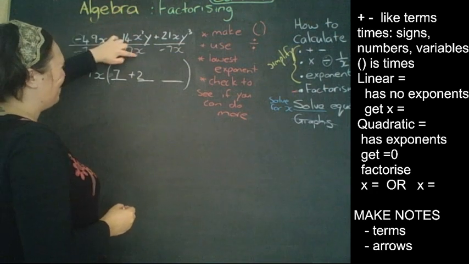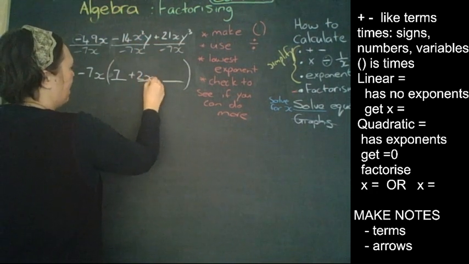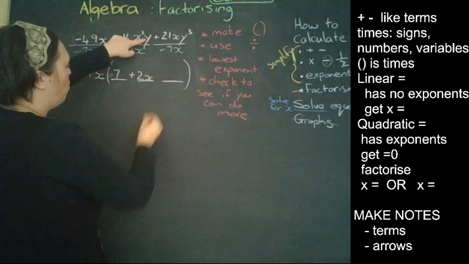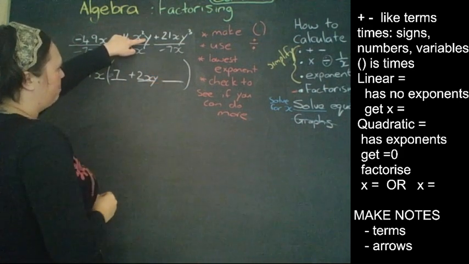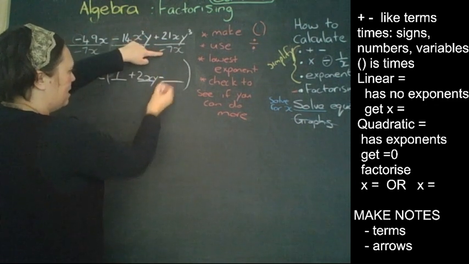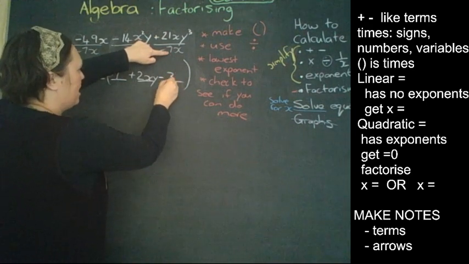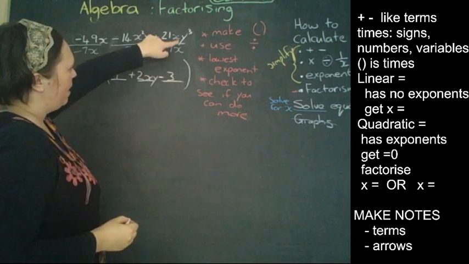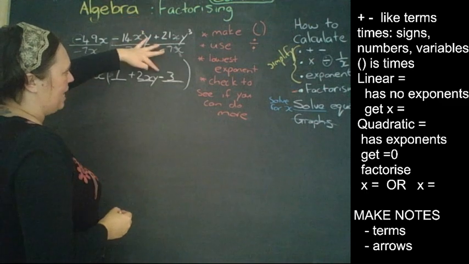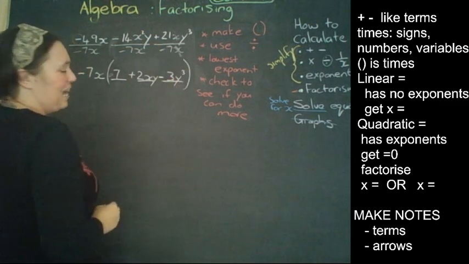X squared divided by x, so it's 2 minus 1, so there's 1x left. And there's a y left, because it doesn't cancel out. Plus and minus is minus. 21 divided by 7 is 3. X divided by x is 1, so it cancels. And we've got y to the power 3 left.